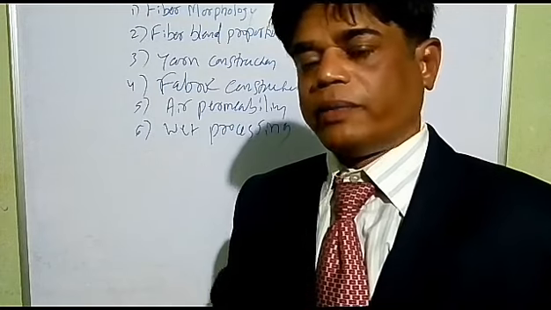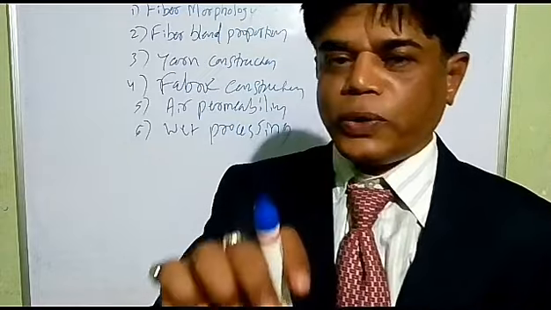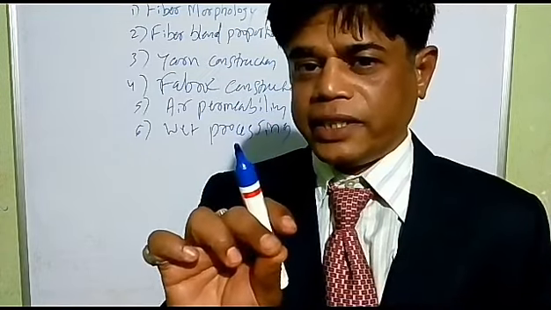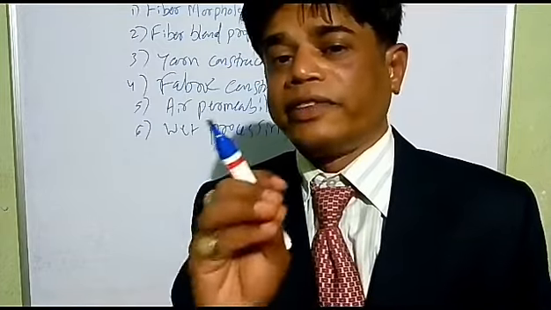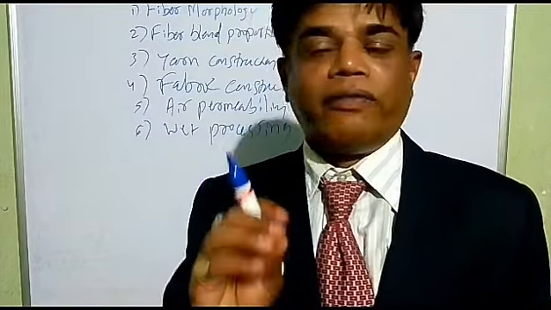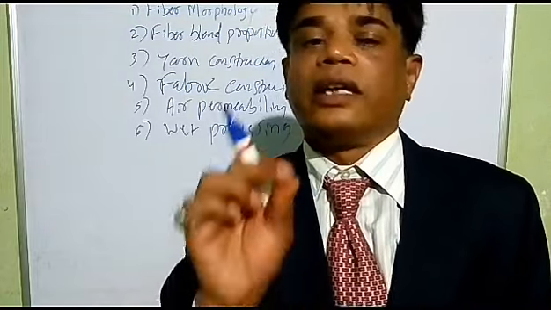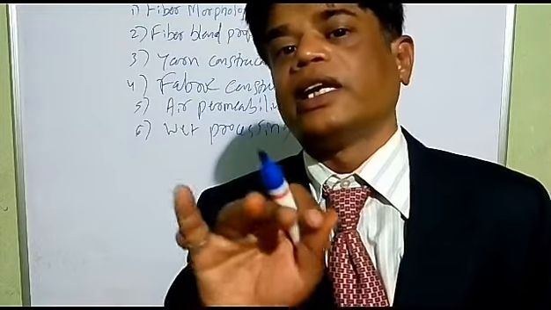Can we assume? I already told you about morphology, the amorphous region. Say I am talking about cotton: about 30% crystalline region, 30% highly oriented region, and the balance 40% is amorphous region.